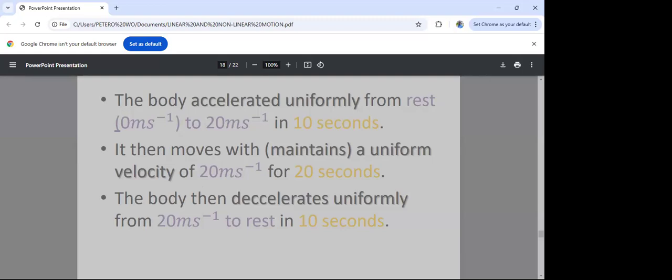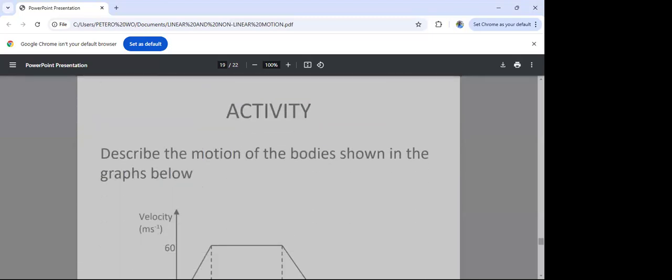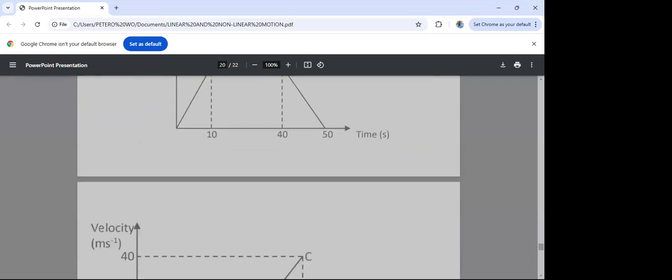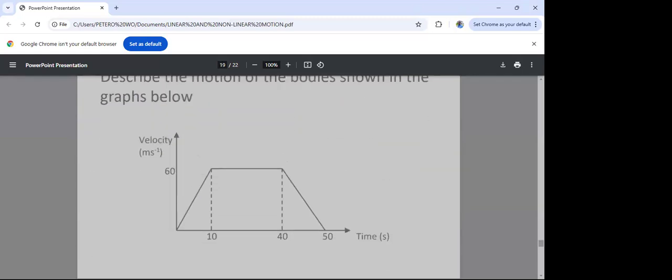You let me know when you are done so that I can display the other. So we are describing the motions in this graph. You draw the graph so that I can display the second one also.